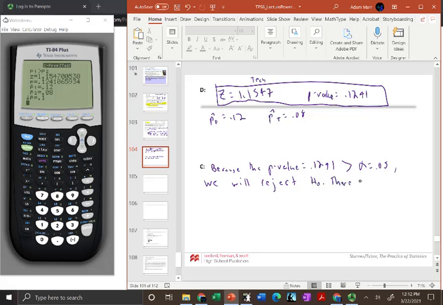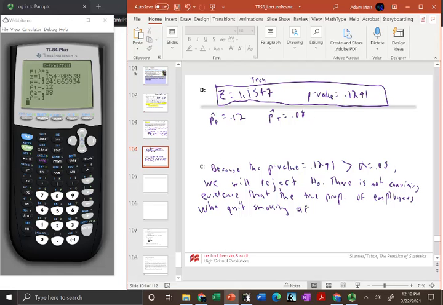So right here, we're going to say there is not convincing evidence that the true proportion of employees like these who quit smoking when given a financial incentive is greater than those given traditional methods of quitting. Okay, something like that.